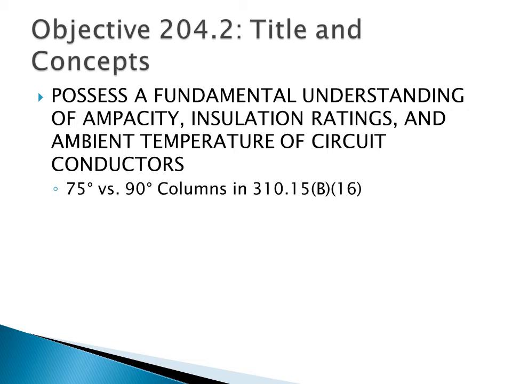I might have gotten the terms wrong there, adjustment and correction, but when you see a worksheet question that asks you what the ampacity of the conductor is when there's 6 current carrying conductors in a raceway that is going through a 135-degree temperature area, then you know to size your conductors out of the 90-degree column. And there's code to back that up, but let me just throw that out there really quickly.